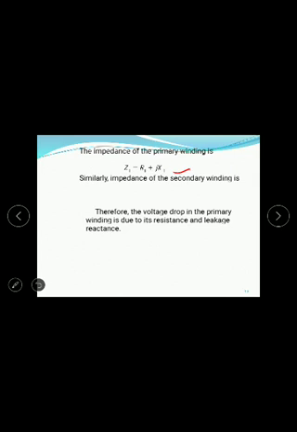So the impedance of the primary winding, that is Z1, is equal to R1 plus jX1. Similarly, the impedance of the secondary is Z2 equal to R2 plus jX2. Therefore, the voltage drop in the primary winding is due to the resistance and leakage reactance.